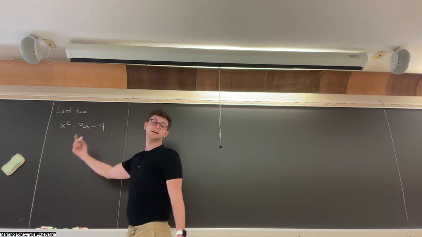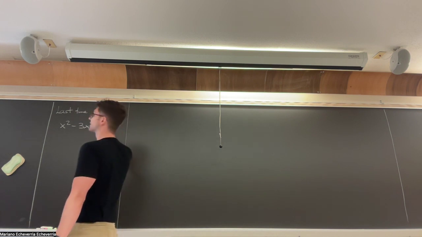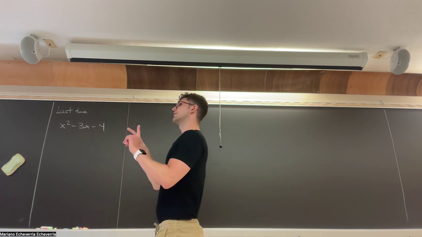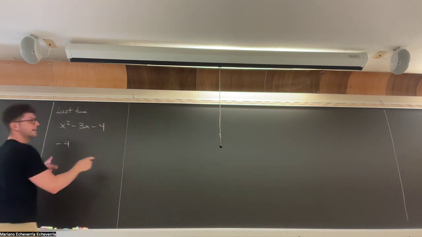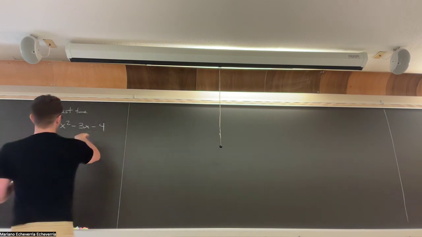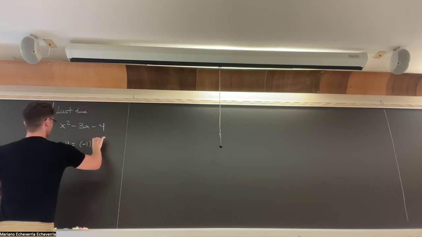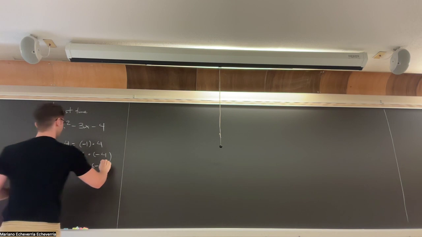The trick that I told you to use in this situation is to take the last number, the one that's not multiplied by x, and find how to break it into a product of two numbers. So -4 is -1 times 4, or 1 times -4, and also, for example, 2 times -2.